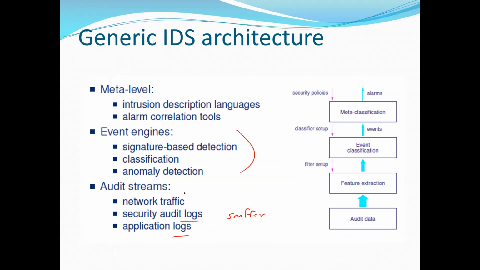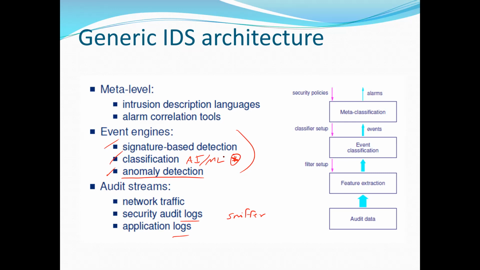After that comes the event engine, which could be signature-based, AI, classification-based, machine learning, whatever you want to call it, or anomaly detection; we've talked about those. I'm not going to talk about the anomaly detection algorithm today, but maybe next week we'll talk about it, and maybe I'll show you how it works.